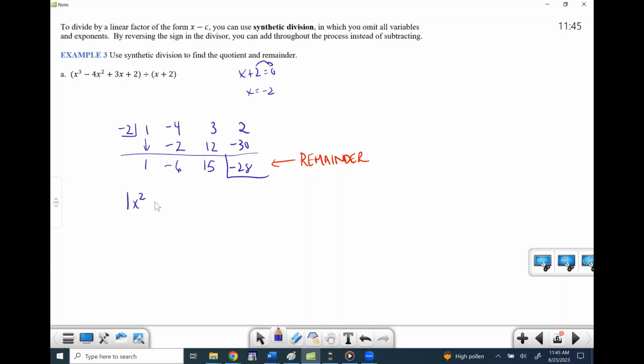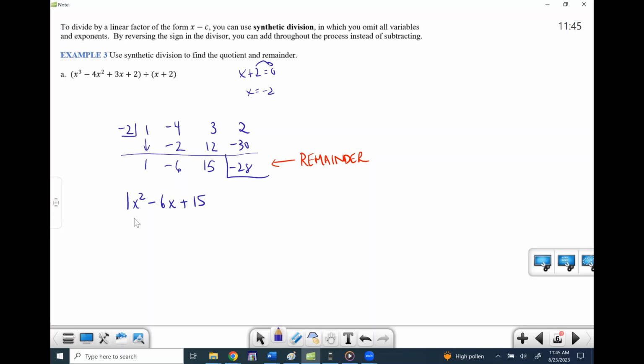So 1x squared minus 6x to the first plus 15. Once you have that first 1, you just go down by 1 on all of the succeeding ones. So the negative 28 is going to be the remainder.